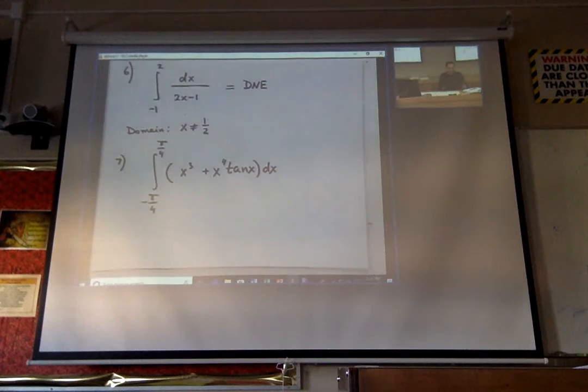Can you see that? You're going from negative pi over 4 to pi over 4. Or you have negative 2 to positive 2. Or negative 1 to positive 1. So if you see a definite integral, everything is okay with the domain, and you have symmetry, then you have two outcomes that you can look at.